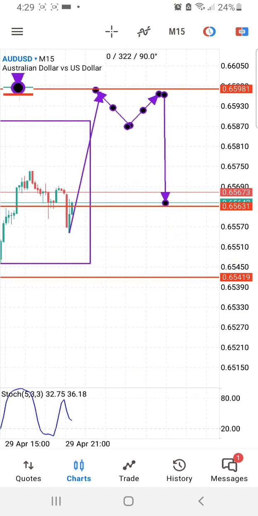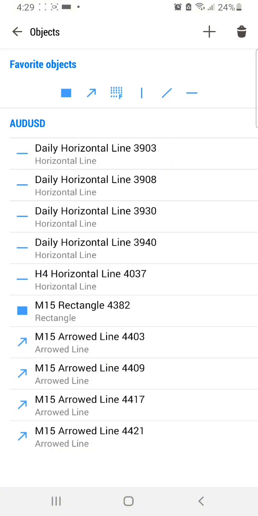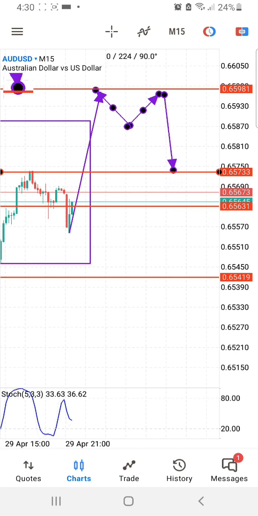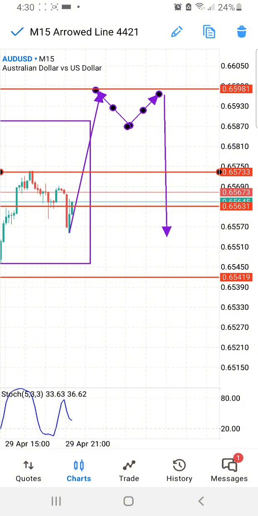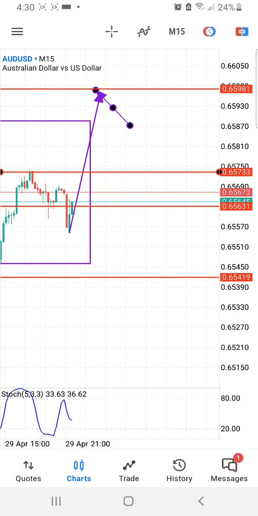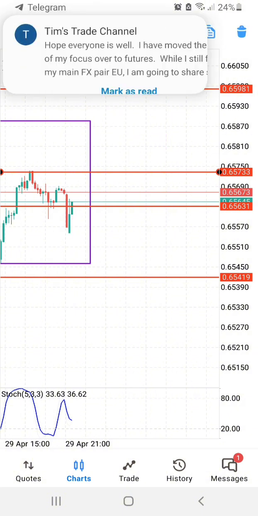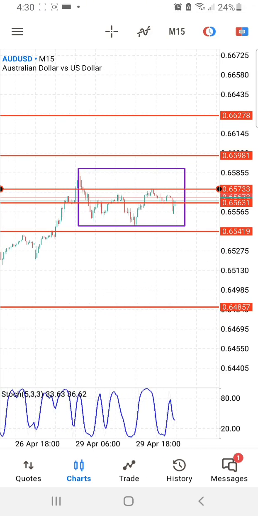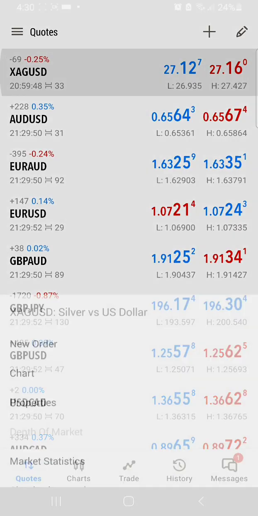You can either come to here or here, but once you reach here, I'm gonna either go break even or trail my stop loss to this level right here. If the market comes back and takes me out right here, who cares? I got my profit anyways. Even though you're gonna lose some, it's better than losing, right? So that's my analysis for AUD.